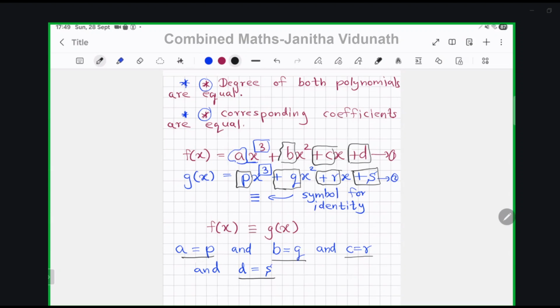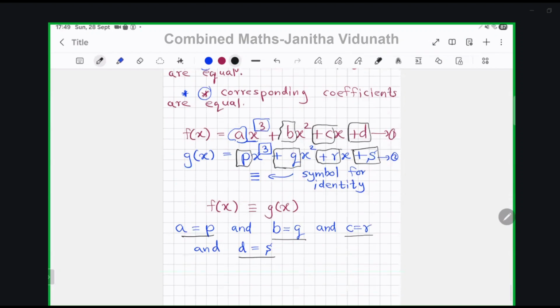All the coefficients must be equal. That means every term, every corresponding coefficient should be equal. Here we have four coefficients.